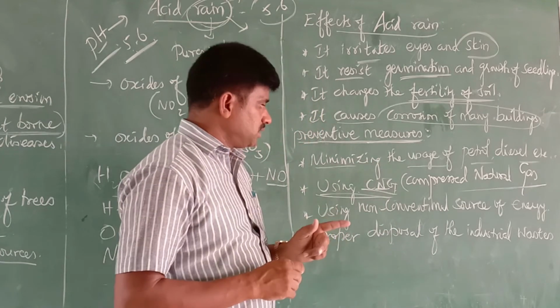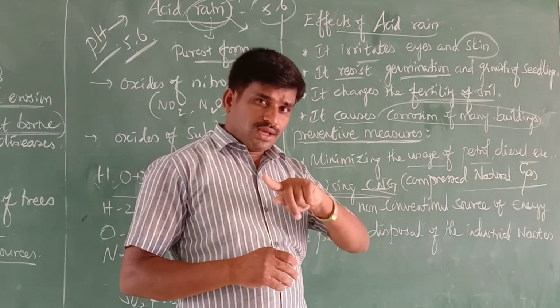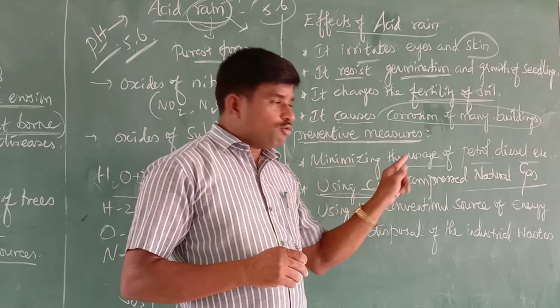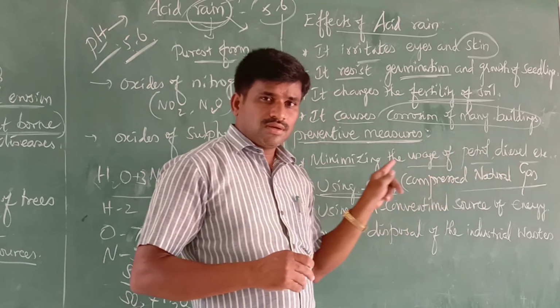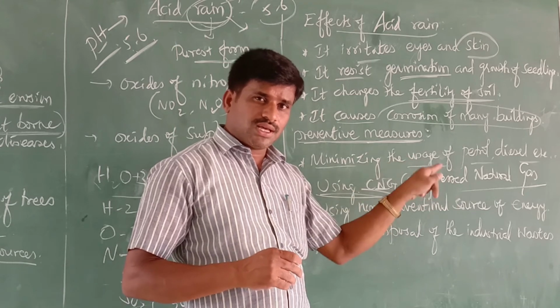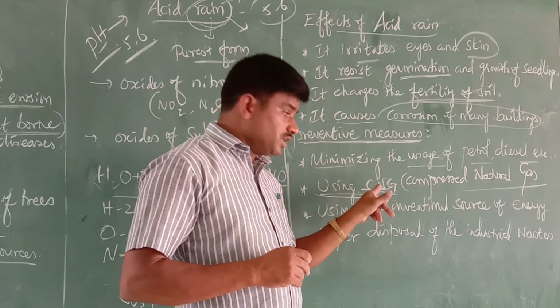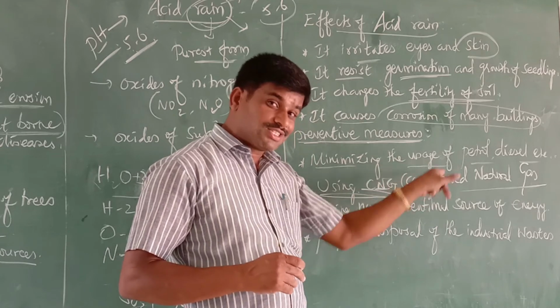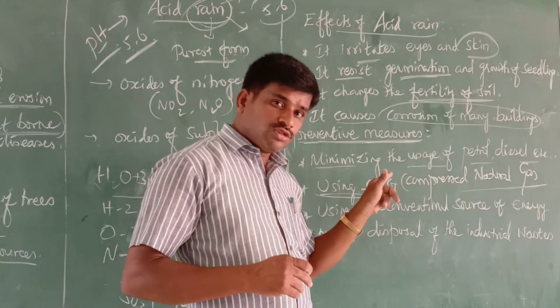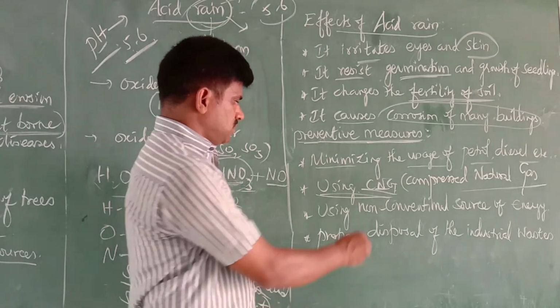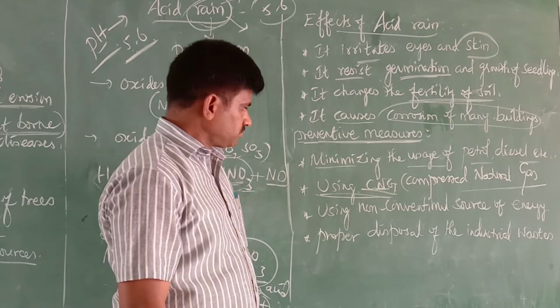Understood? So for that, they are taking some preventive measures. Instead of using petrol and diesel for running buses and some other cars, they have already started to use CNG, compressed natural gas, as a fuel for transportation. Understood? This is important. You should keep it in mind.